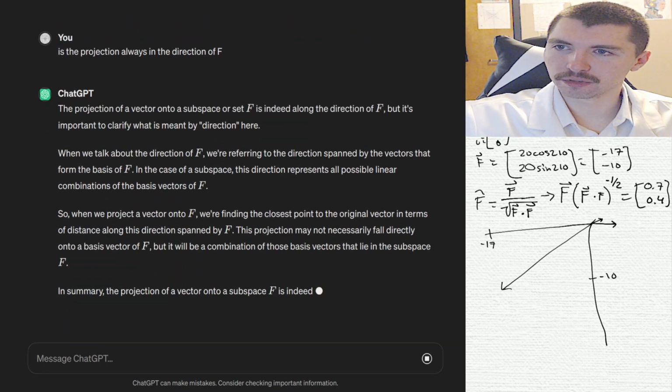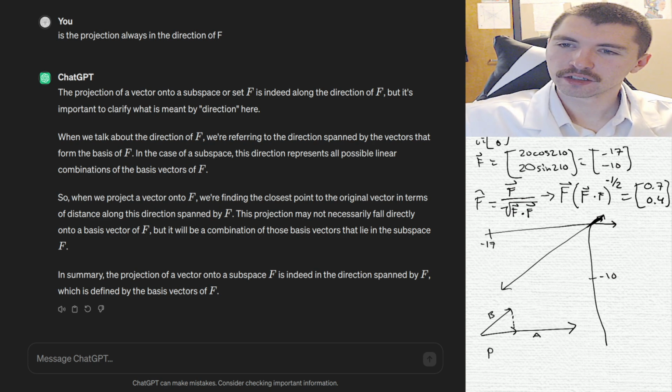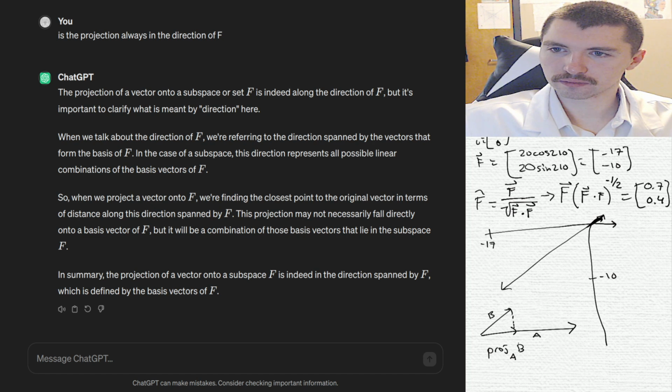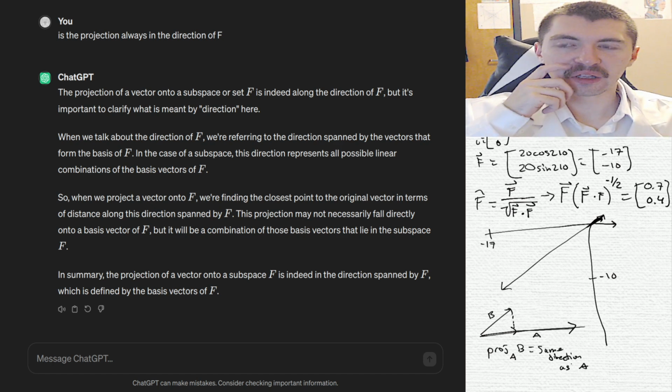Okay, so this would actually be a straight line with F. And if we've seen from other examples, if you're doing a projection, so this is B and this is A, and you're projecting B onto A, then that's going to be in the same direction as A. Okay.